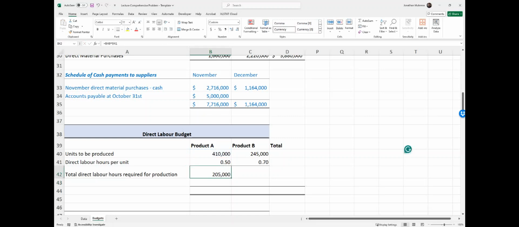So that's the first piece of information you need. How many direct labor hours will we require to meet our production needs this period?